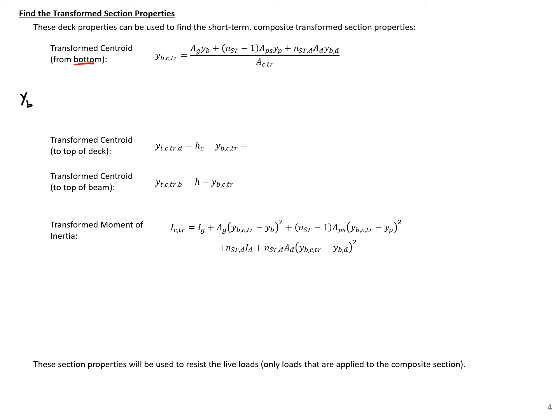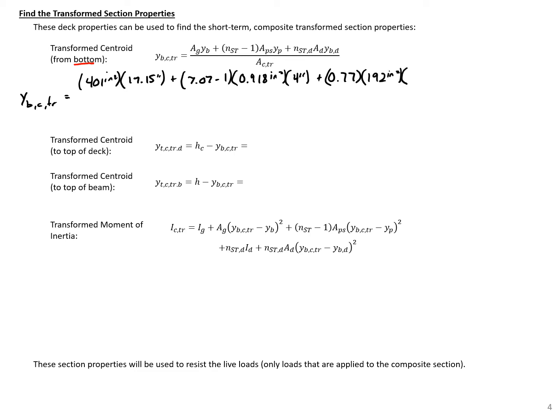We have our YB composite transformed equal to our gross area, 401 inches squared, times the distance between the bottom and the centroid of our gross area, 17.15 inches, plus our short-term modular ratio for our pre-stressing, 7.07 minus 1, times our pre-stress area, 0.918, times our YP, so the distance from the bottom to the centroid of our pre-stressing strands, 24 minus 20 is 4 inches there.